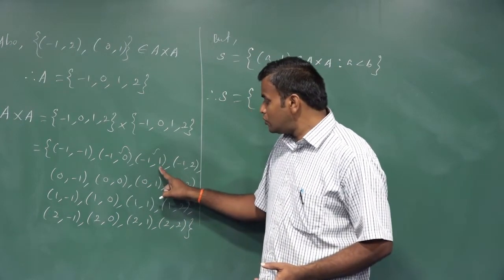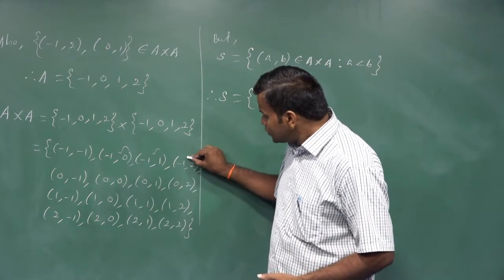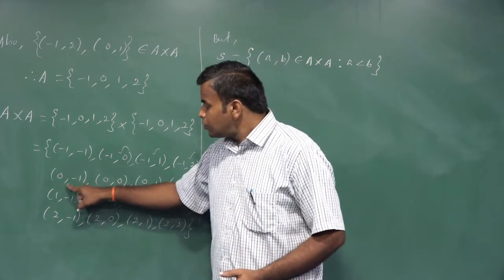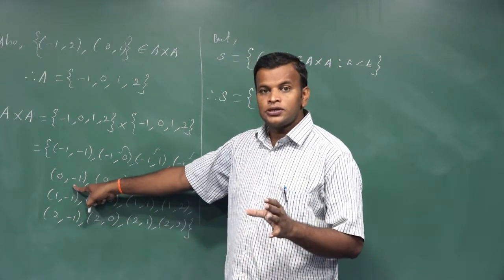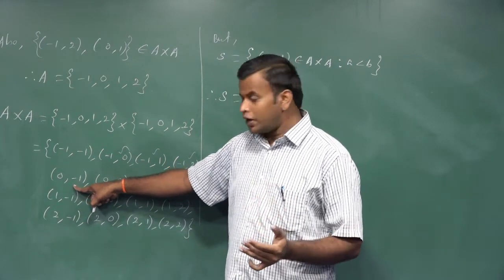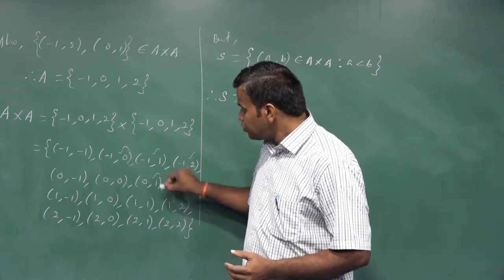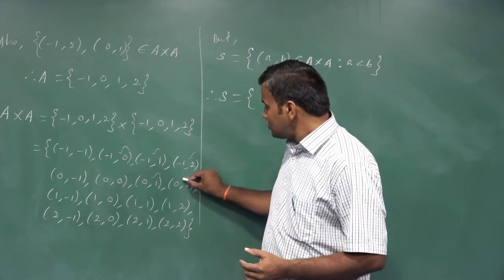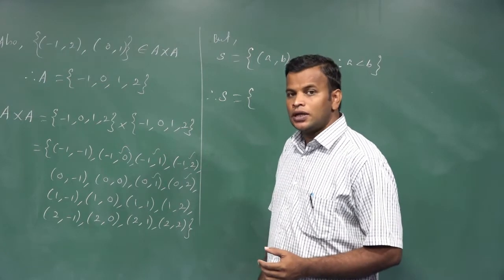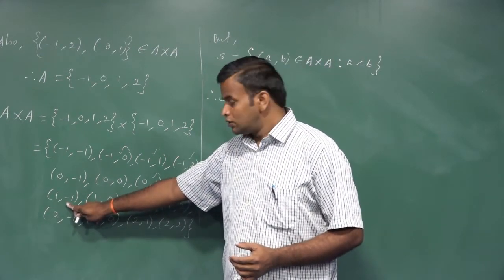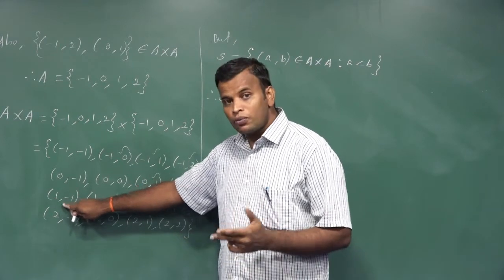-1 is less than 1. -1 is also less than 2. Possible. This one is impossible. 0 is bigger than -1, so this is also impossible. This value is possible, and that value is also possible. Next, this value is impossible because 1 is bigger than -1.